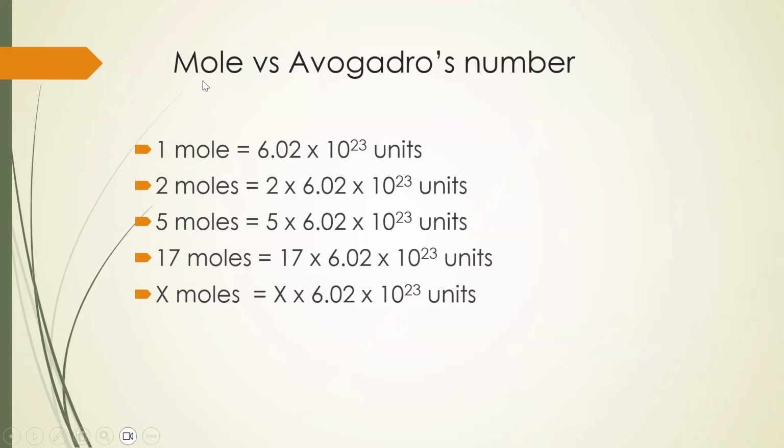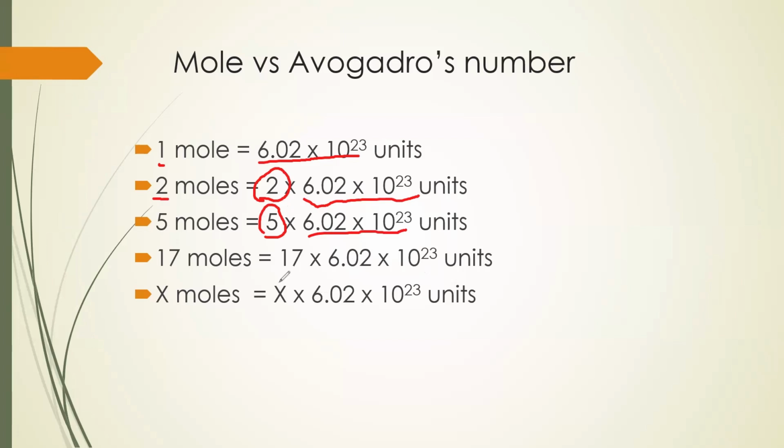So to calculate the mole in terms of Avogadro's number: 1 mole equals Avogadro's number. 2 moles equal 2 multiplied by Avogadro's number. 5 moles equal 5 multiplied by Avogadro's number. 17 moles, or whatever number of moles, equal this number of moles multiplied by Avogadro's number.